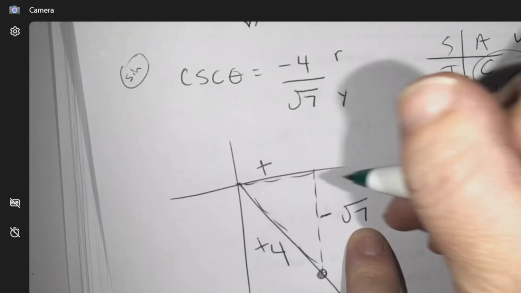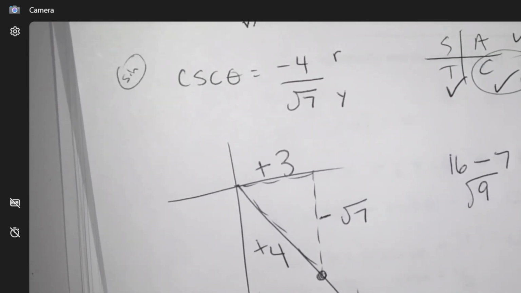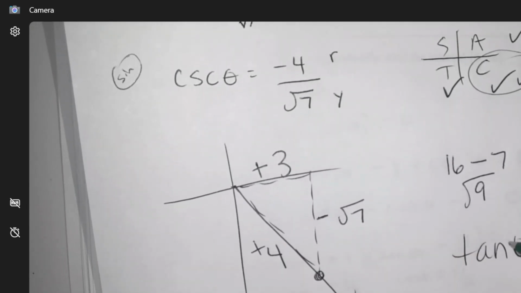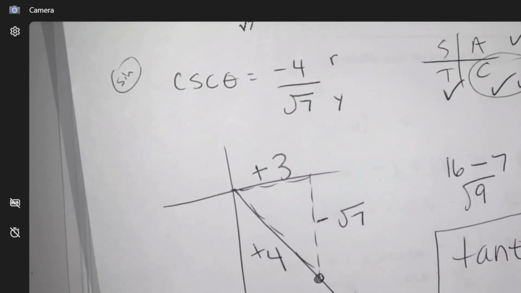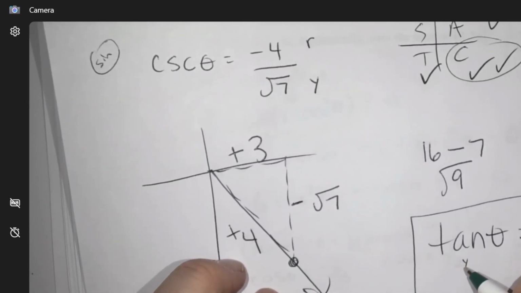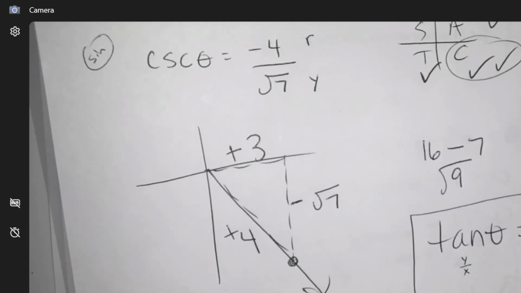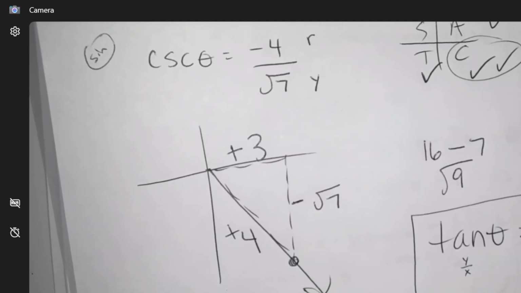Is that square rootable? Yes. And does anybody know the letters I'm going to look for with tan? Excellent. So I want the Y over the X.